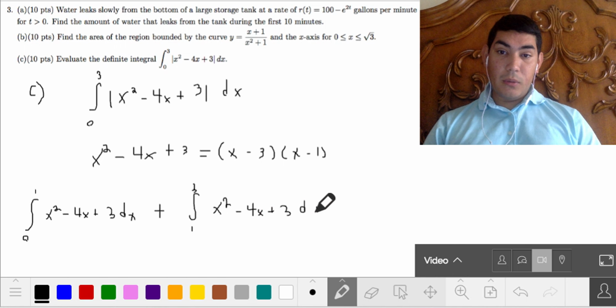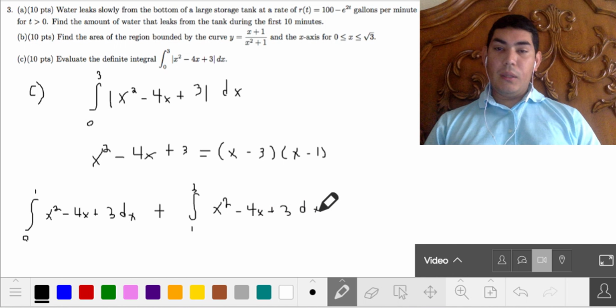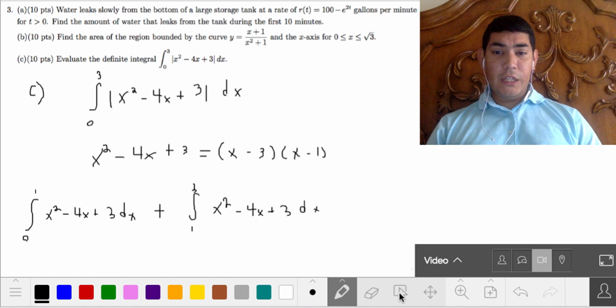And this is possible because of the absolute value definition. So let's integrate those two parts.